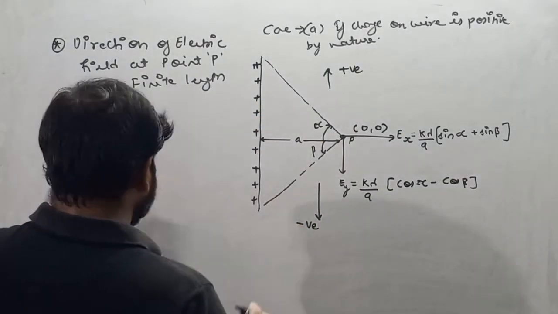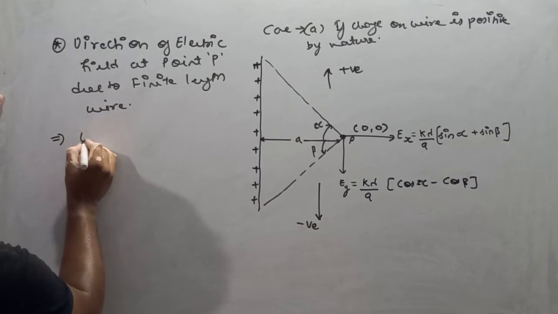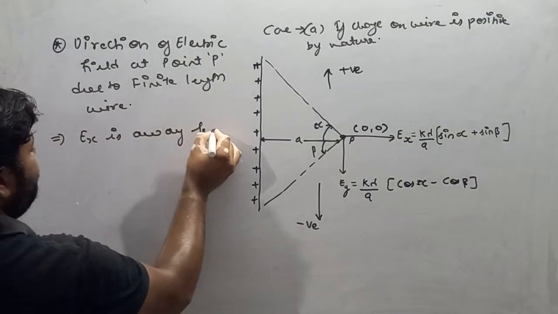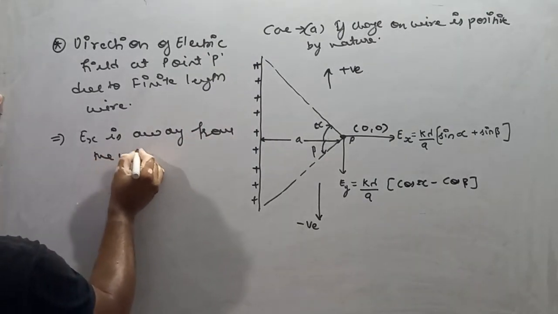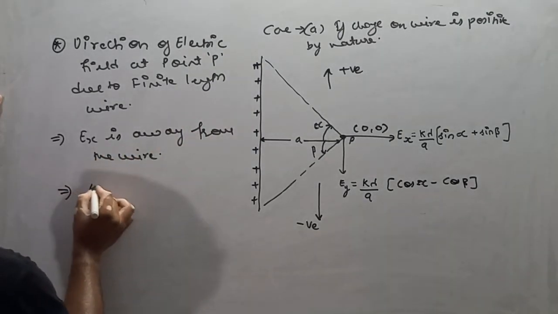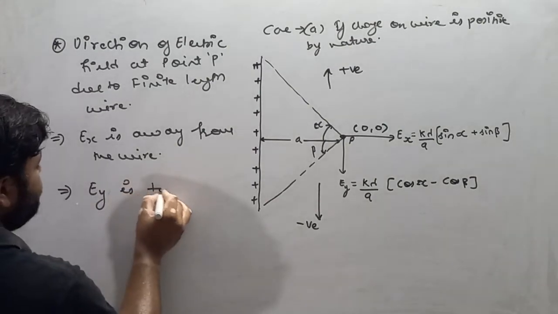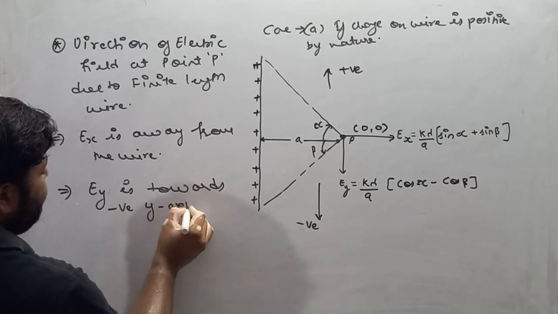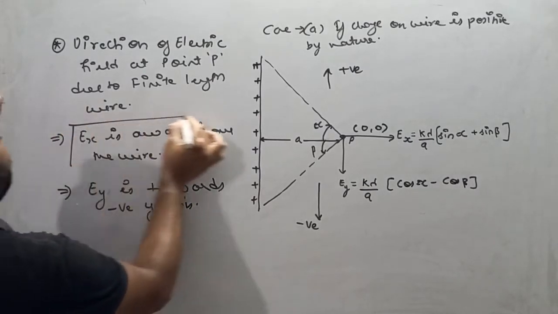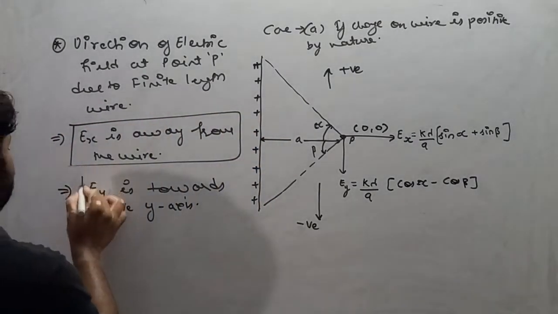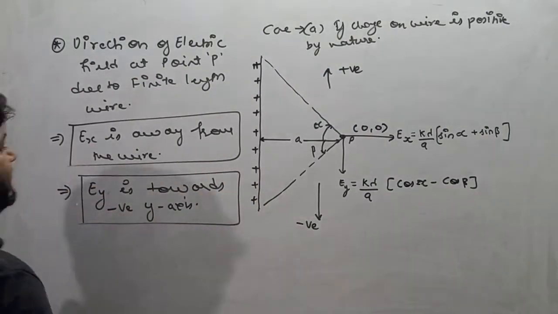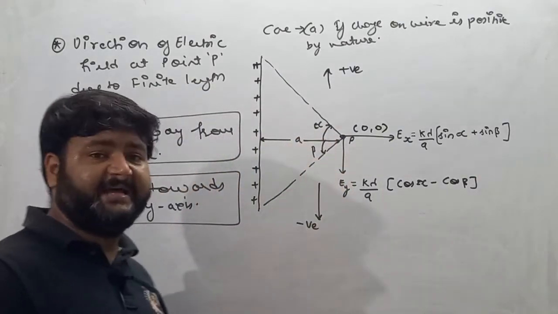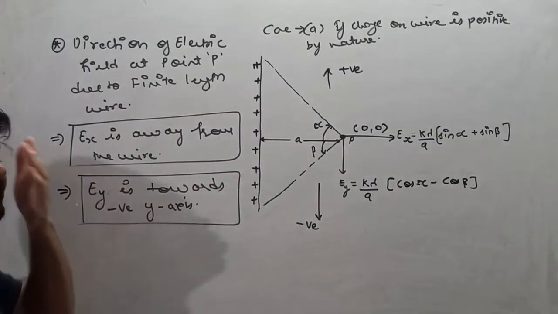So I'll write here that Ex is away from the wire and Ey is towards the negative y-axis. The direction of Ex is away from the wire, and the direction of Ey is in the negative y direction.